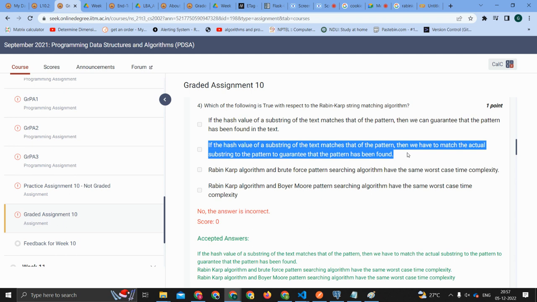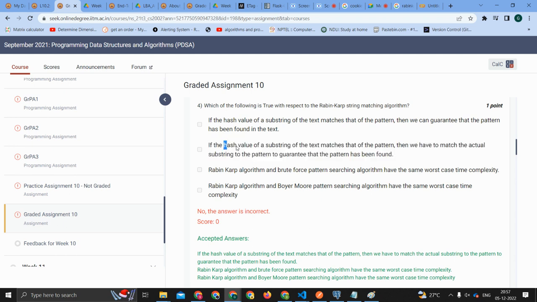But the third, hash value. We are also trying to understand this. What is this hash value? Can you repeat how it works?